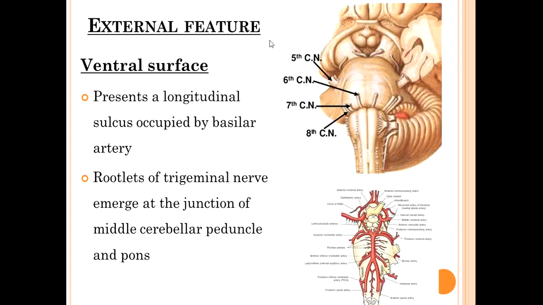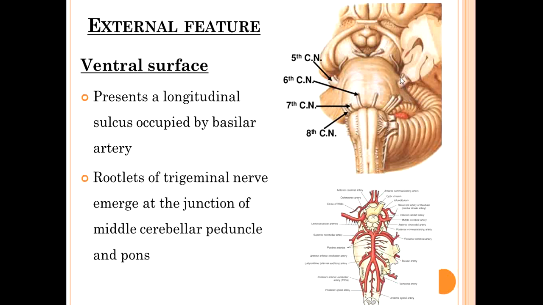So external features of pons, on the ventral surface you will be seeing a longitudinal sulcus. This is where the basilar artery is present, so that is known as basilar sulcus, and here you can see these rootlets. So these are rootlets of trigeminal nerve, that is fifth cranial nerve, which is present at the junction of pons with the middle cerebellar peduncle.